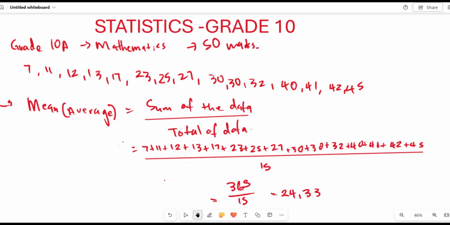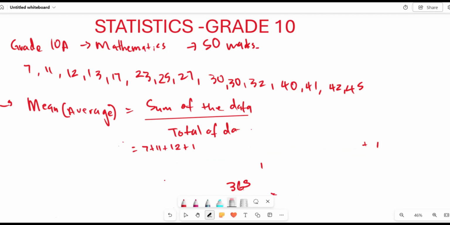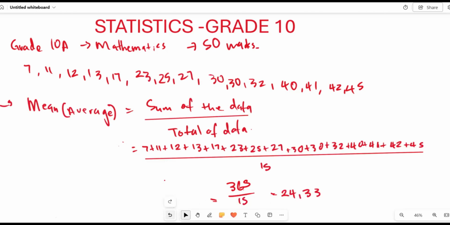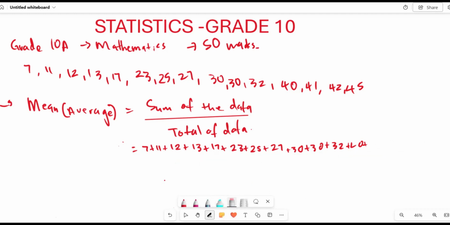Now let's look at more things that we can find out from this particular data. The second thing that we can find out from this data is what we call our median. Let me just remove this and find out what is going to be your median.